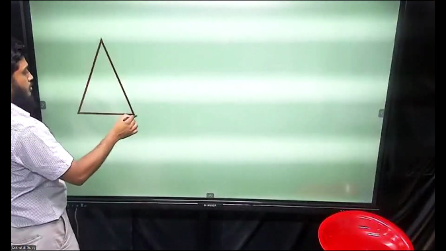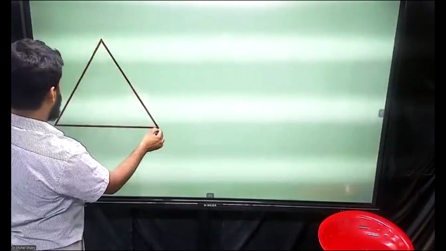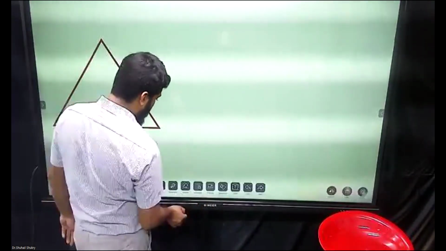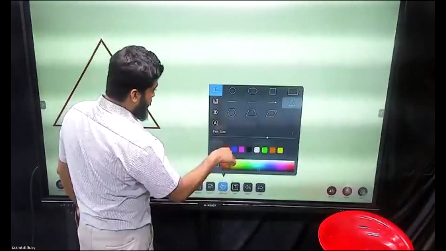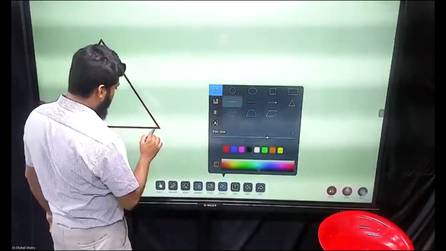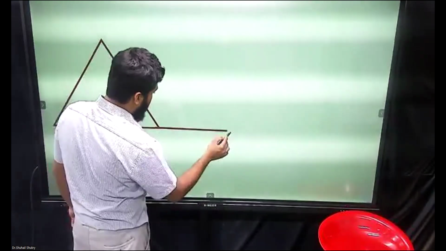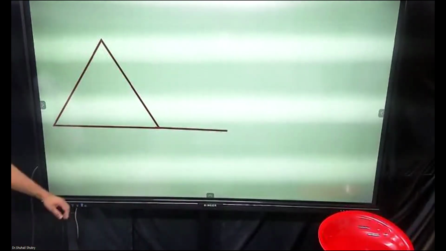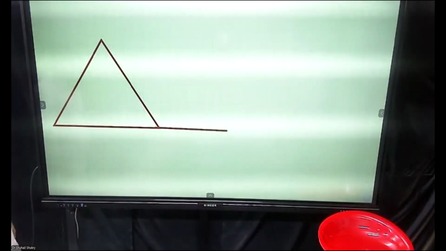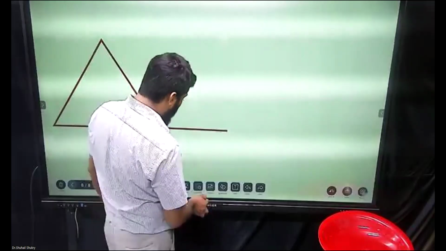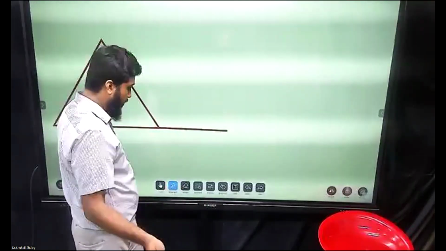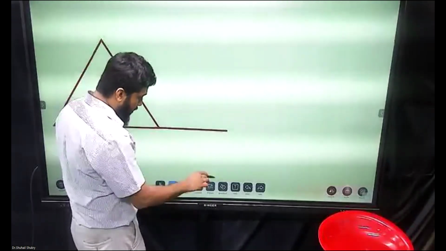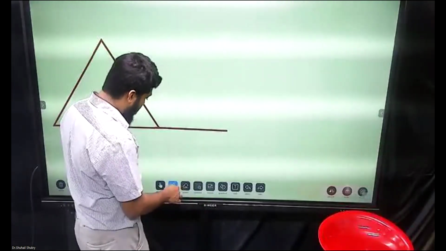Now this is a triangle. Beautiful. This side is a straight line. Now I want to do this. So I'm going to do a small construction here. Don't speak.